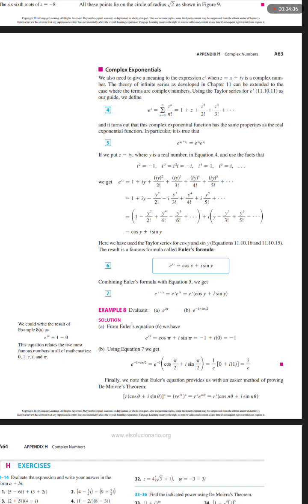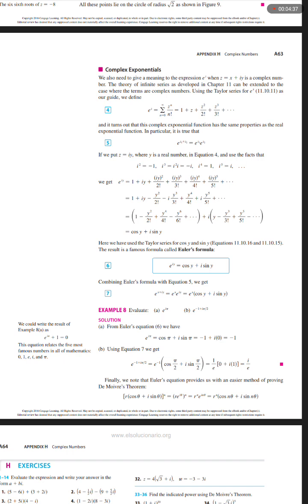Here we have used the Taylor series for cosine y and sine y, equations 11.10.16 and 11.10.15. The result is a famous formula called Euler's formula. Equation 6, e to the power iy equals cosine y plus i sine y.